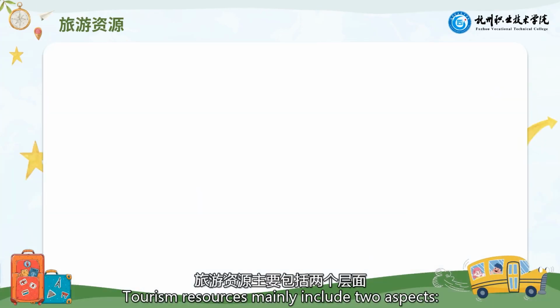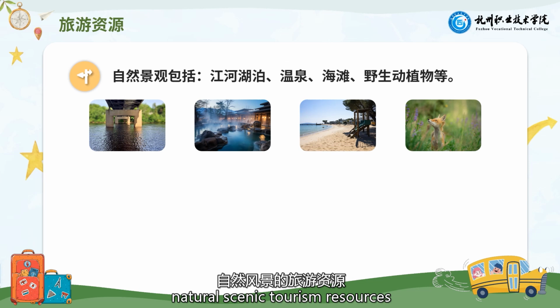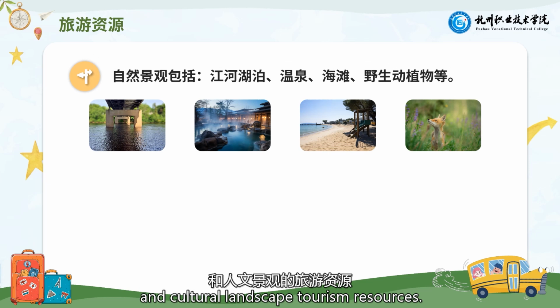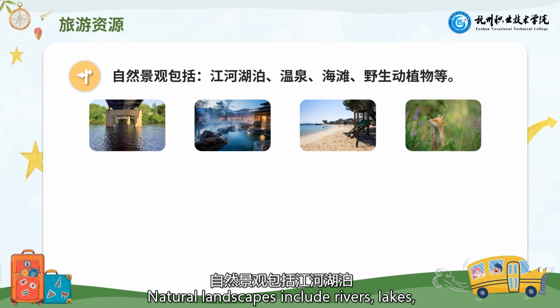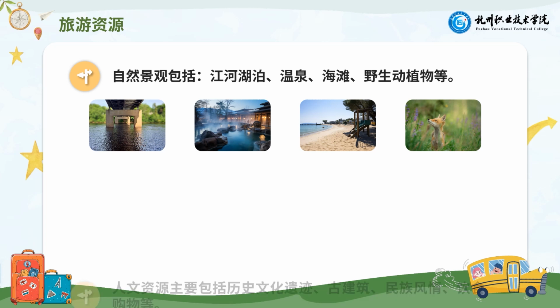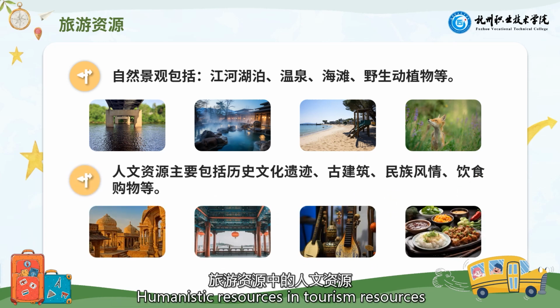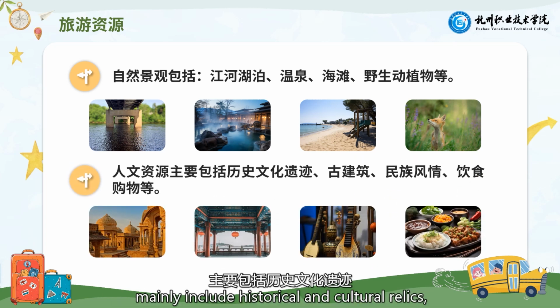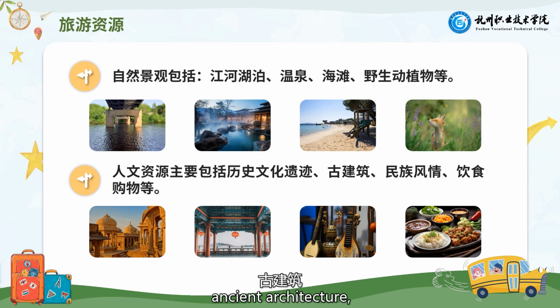Tourism resources mainly include two aspects: natural scenic tourism resources and cultural landscape tourism resources. Natural landscapes include rivers, lakes, hot springs, beaches, wildlife, etc. Humanistic resources in tourism resources mainly include historical and cultural relics, ancient architecture, ethnic customs, food, and shopping.